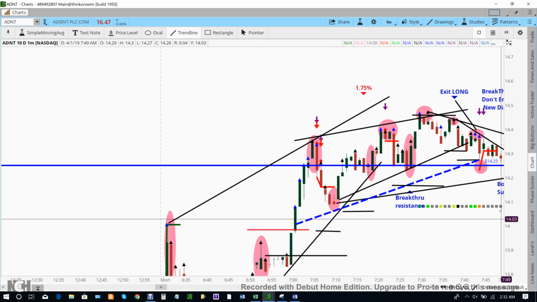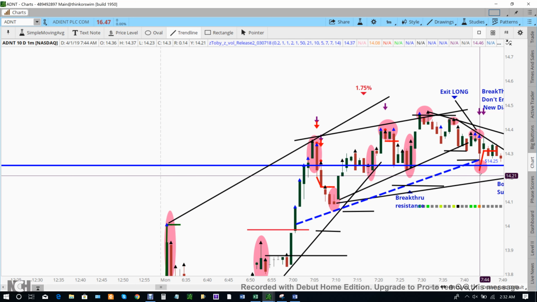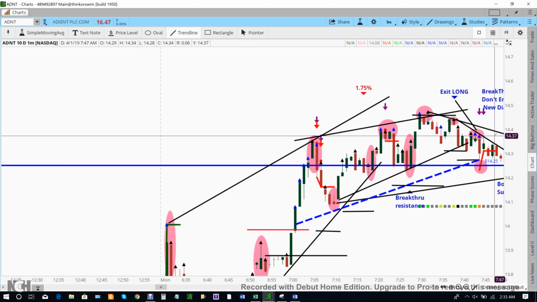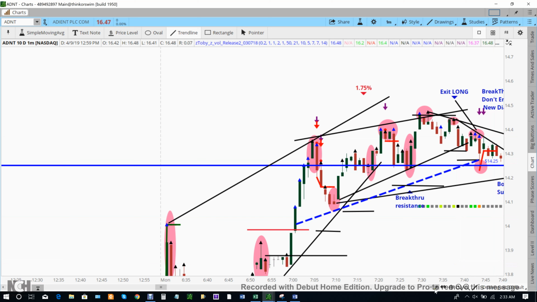At any rate, this would be a good time to put in an OCO order, like from here to there. Anyways, let's keep on playing a little bit of price action.